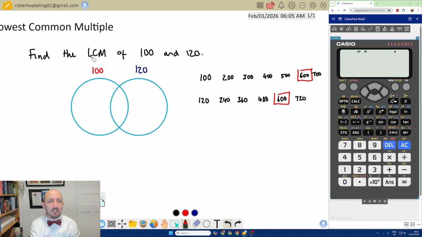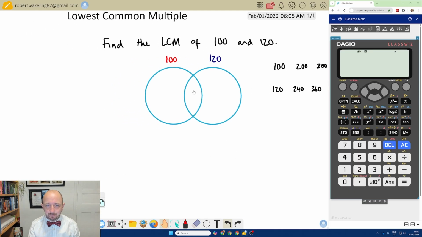Usually, when the question says LCM itself, students know to use the Venn diagram and do what we are about to show you, but a lot of the times it doesn't say LCM, and you find yourself doing this process the long way round. So just to mention that, if you find yourself doing this, take a step back and go for the Venn diagram.